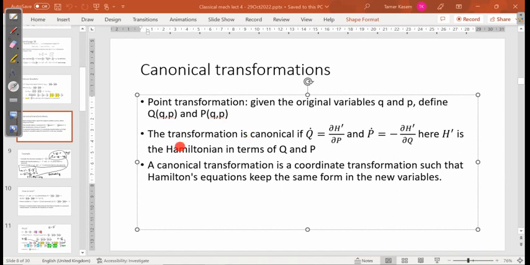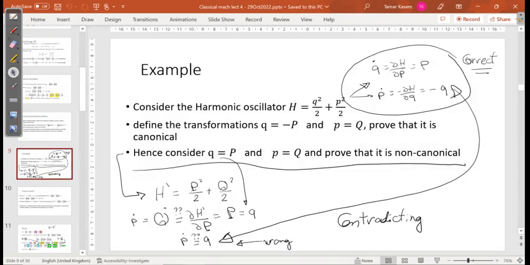Because for some cases this form will preserve Hamilton's equations, however some transformations of this type will not preserve Hamilton's equations. To emphasize, let us consider an example, using Maxima to minimize the mathematical steps, in the next video.